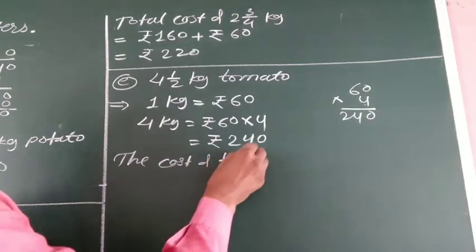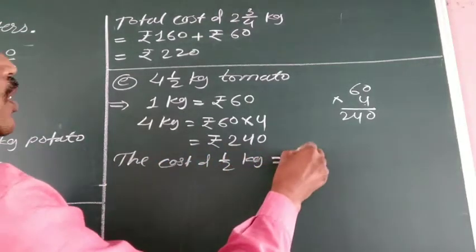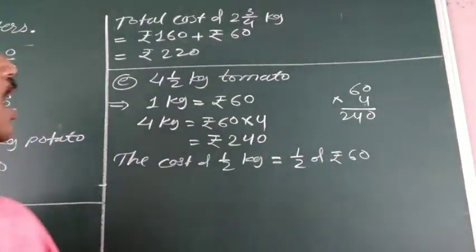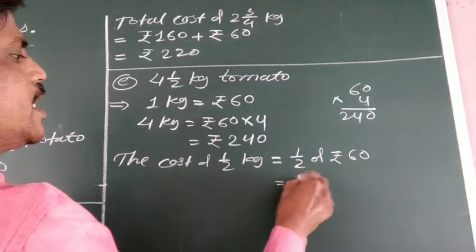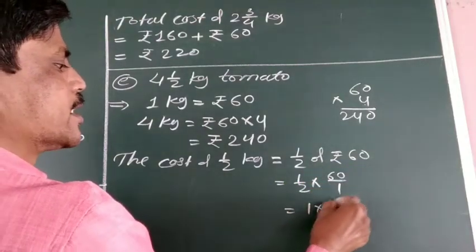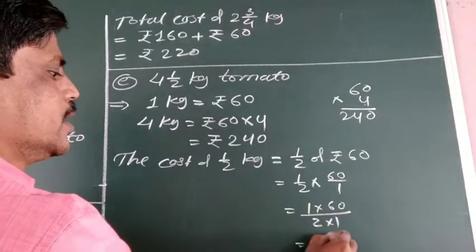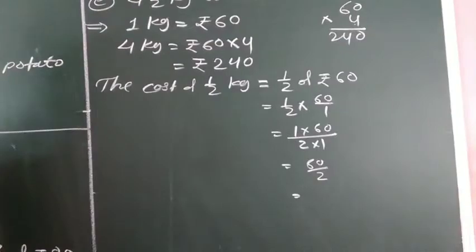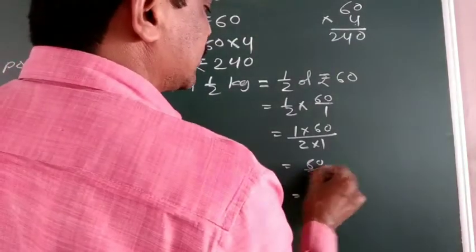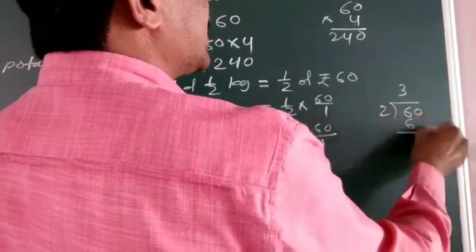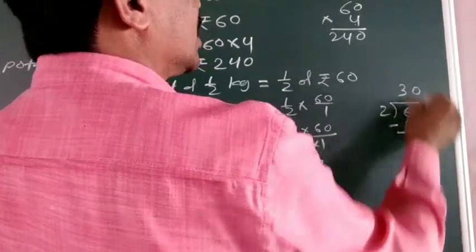Now, cost of half kg is equal to half of rupees 60. Then see, half into 60 by 1, then 1 into 60 and 2 into 1, 60 by 2. Now divide कीजिए आप. It is 60 by 2. 2 3s are 6, 0 and 2 zeros are 0.